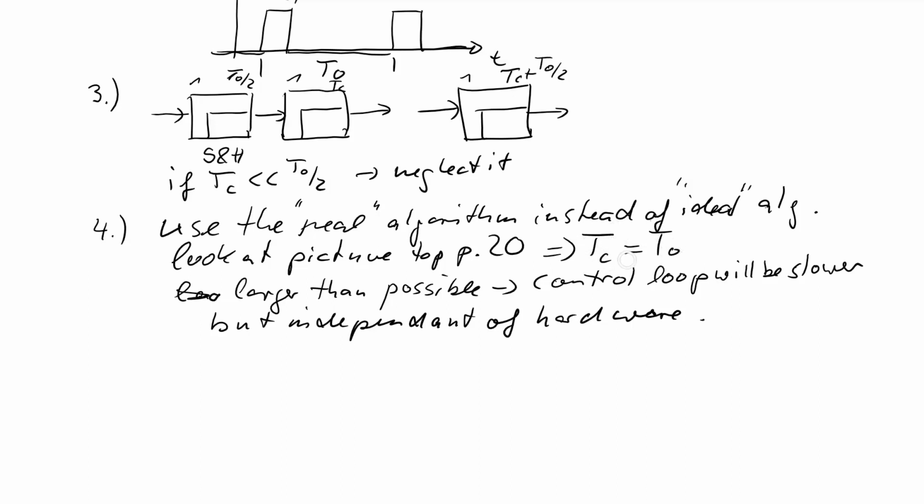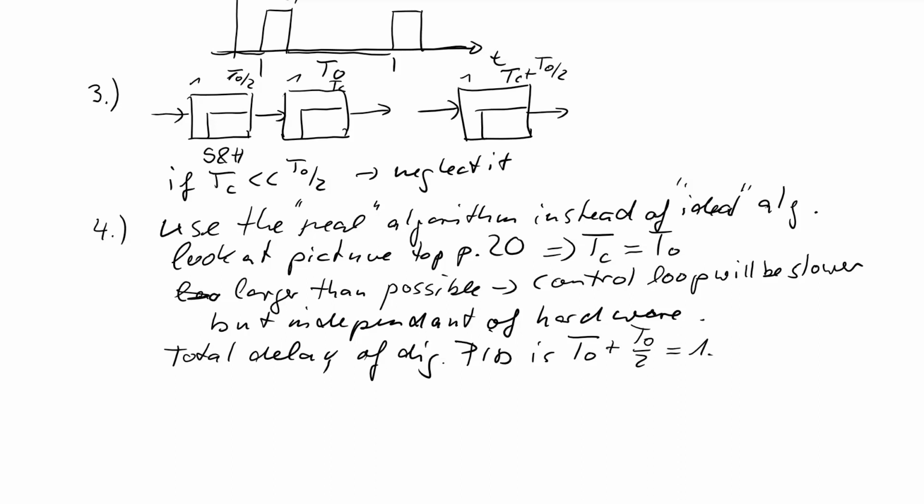Now this is a very simple step, and then finally the delay time. The total delay of a digital PID is TC, which is one sampling time, plus, of course, the sample and hold part, which is half of the sampling time, so this is 1.5 times the sampling time.